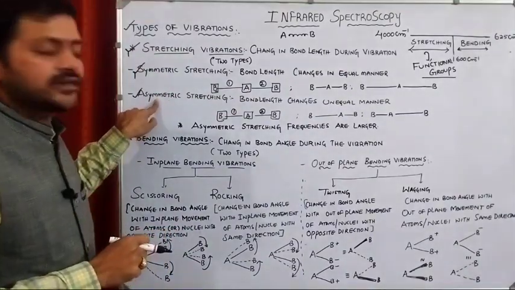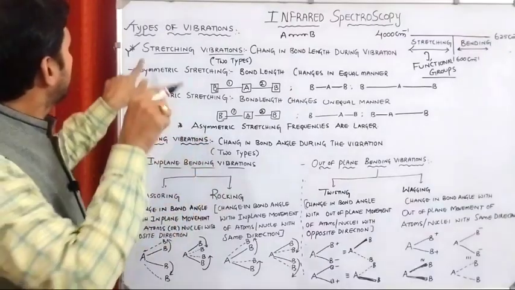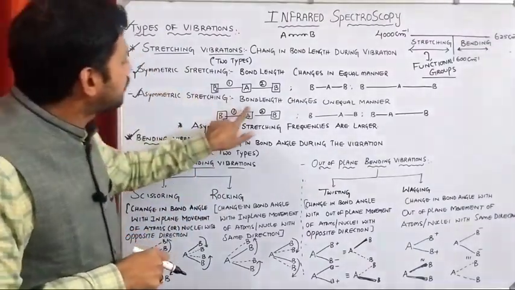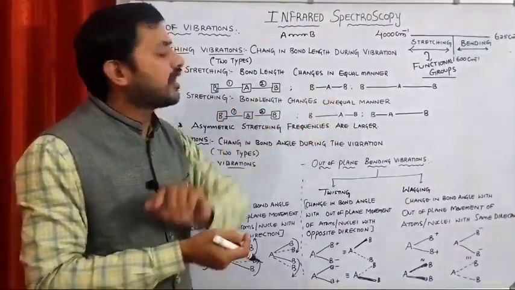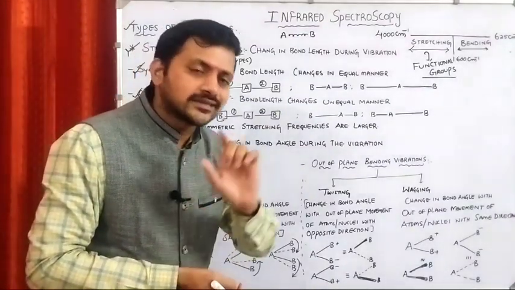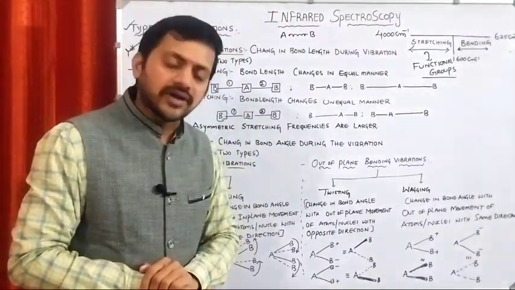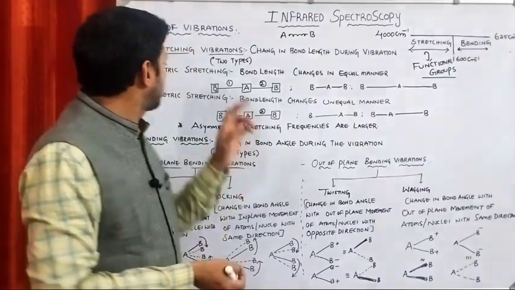In case of asymmetric stretching, in stretching vibrations, if the bond length changes with unequal manner, then such type of vibrations are commonly called as what?